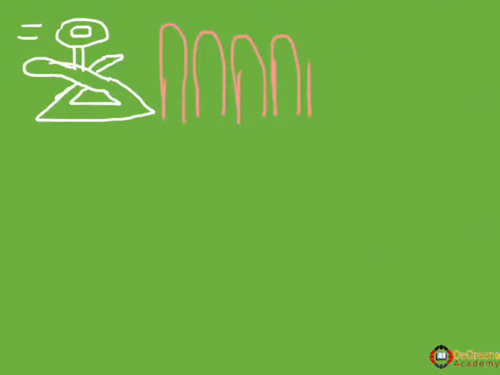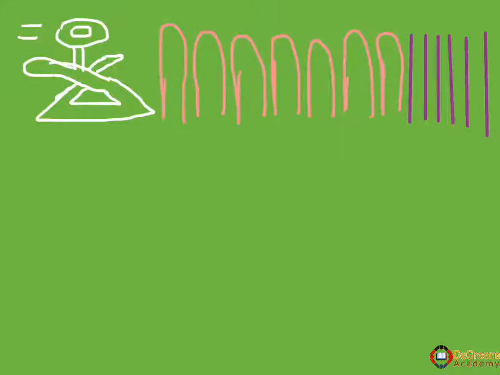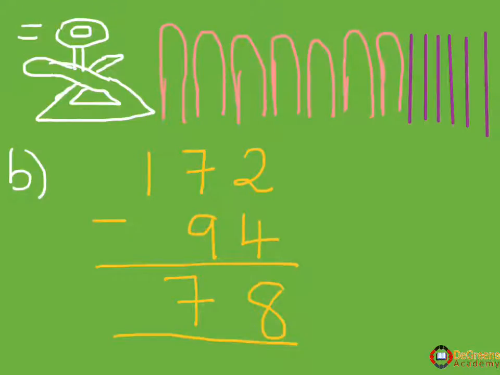So when you draw it, you're going to have 1 lotus flower plus 7 hind bones plus 6 staffs. That is the Egyptian representation of 1076.